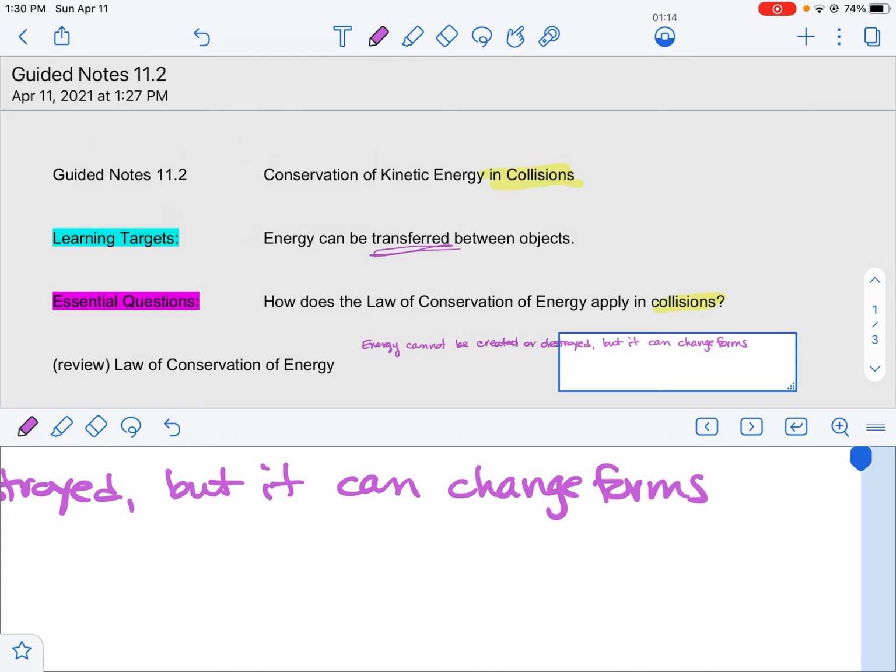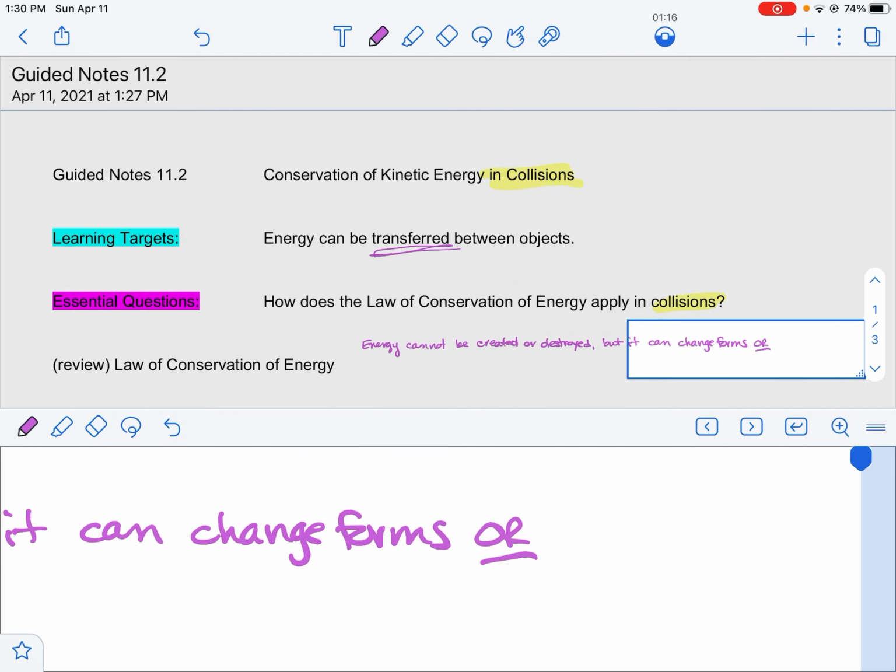Alright, and here's the new piece, or be transferred. So what that means is that we can't make new energy, we can't get rid of energy, we can change it from potential to kinetic, we can change it from kinetic to heat, or we can move it from one object to another. Now when that happens, you have to have work involved.